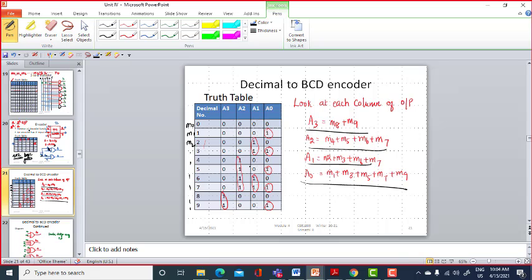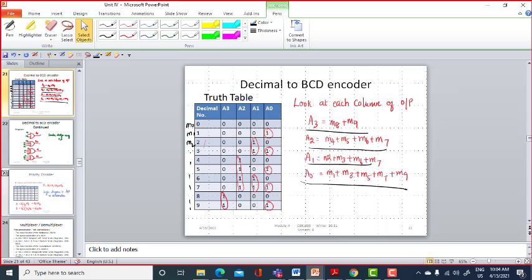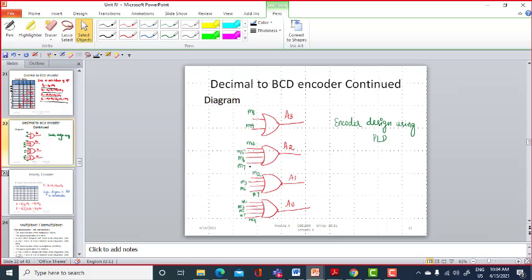I will be writing the logic functions and implement this by using your gates. I have done this. M8 and M9 for A3, M4, M5, M6, M7 for A2, M2, M3, M6, M7 for A1, and M1, M3, M5, M7, M9 for A0. This is your decimal to BCD encoder.